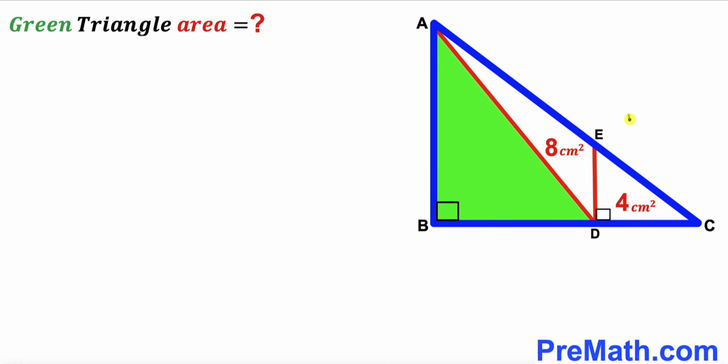As you can see in the diagram, the area of triangle CDE is 4 centimeter square, whereas the area of triangle ADE is 8 centimeter square. Now our task is to calculate the area of the green shaded triangle ABD.